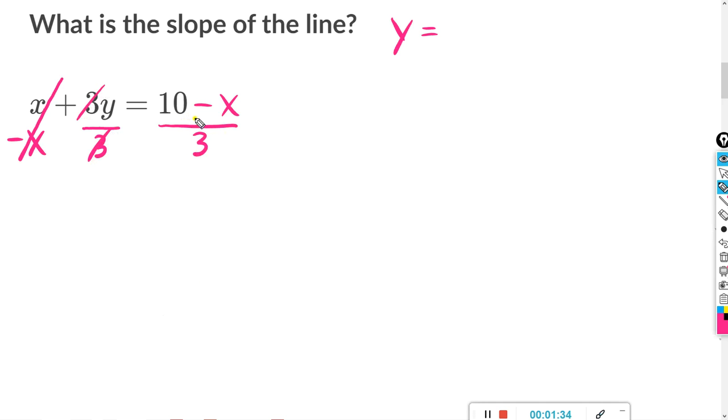And when you have multiple terms that are added or subtracted over a common denominator, each one of those terms is divided by that common denominator. So I'm going to rewrite this equation. I have the y here. And this is going to be 10 divided by 3. And this is minus x divided by 3.